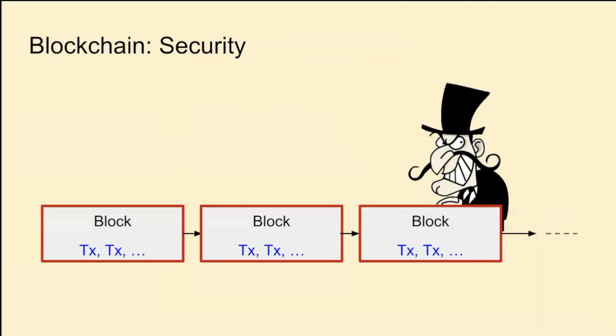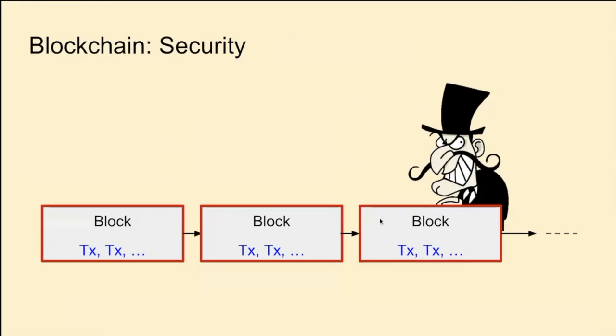I mentioned the fact that each block has a hash of the previous block in it, which is a way of detecting tampering. Now, there is, of course, a way around that, which is that if some attacker wants to, say, change a block somewhere down in a blockchain, they could go ahead and make that change.